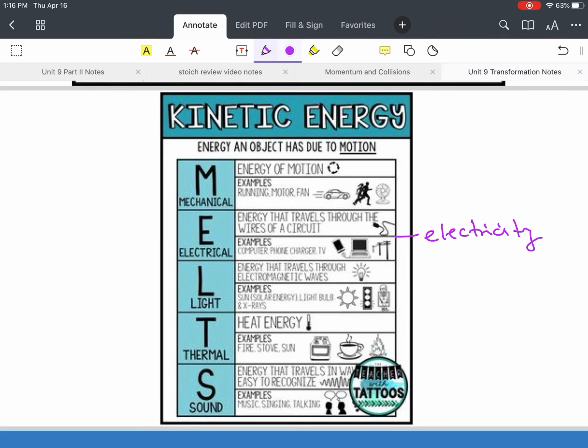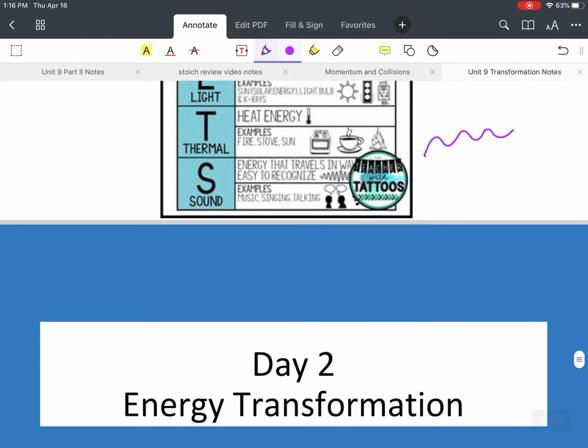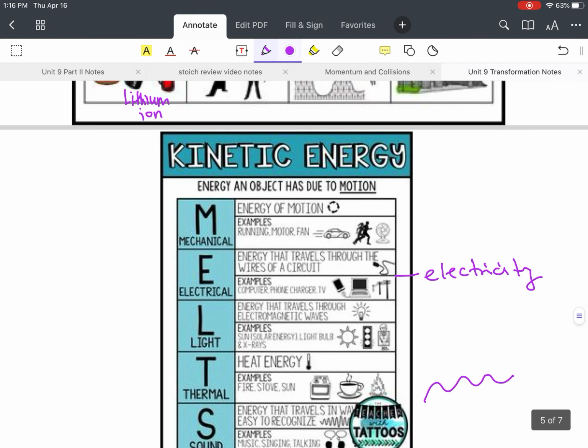They both move towards us, right? And then sound. All of those last three are energy waves. We think of those as a wave that's moving towards us. Sound waves, thermal heat waves, light waves. We see all that because it's moving towards our eyes.